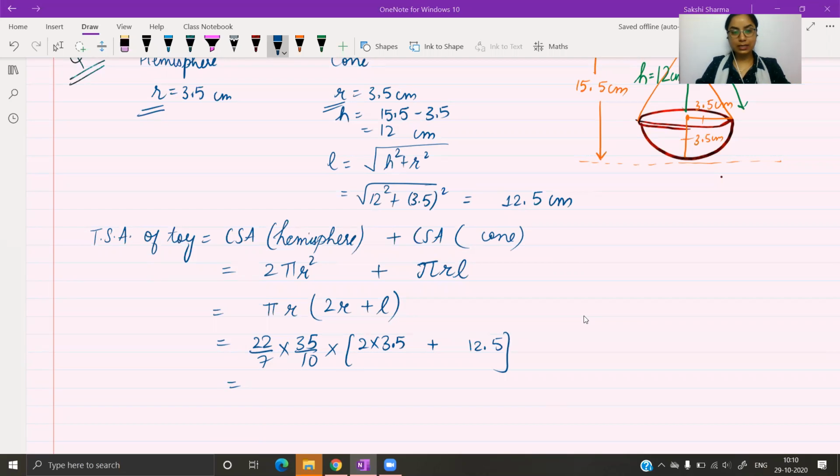Okay, so Meet has done it. The answer is 214.5 centimeter square. Be careful about the units as well.